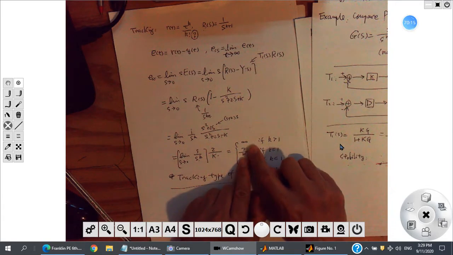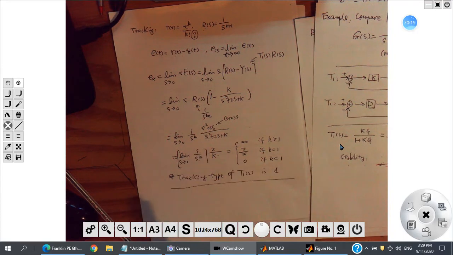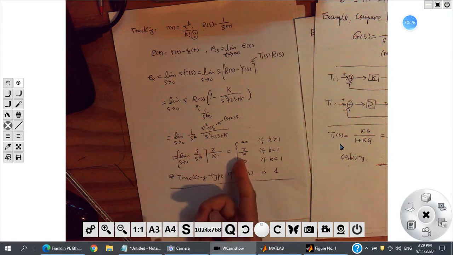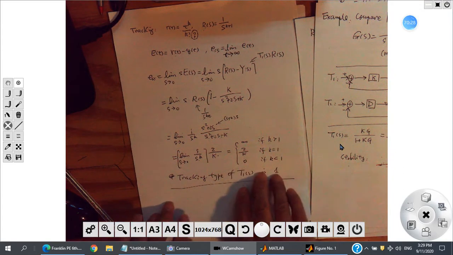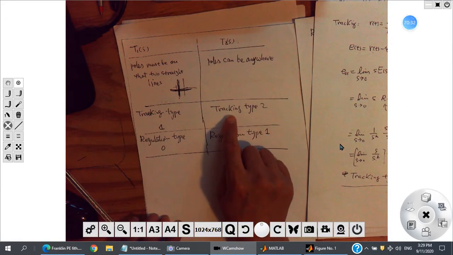The distance, the error, is 2 over K. So the output never really touches the input. There is always some error here. So for tracking, you can think of this as a capacity of the tracking.